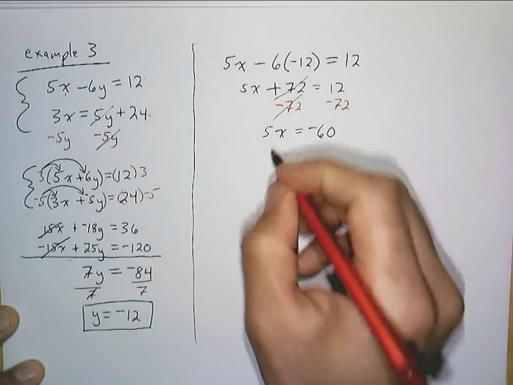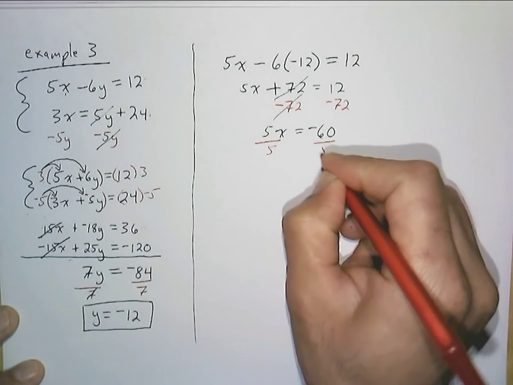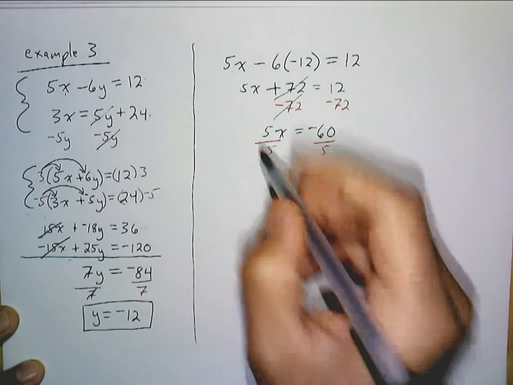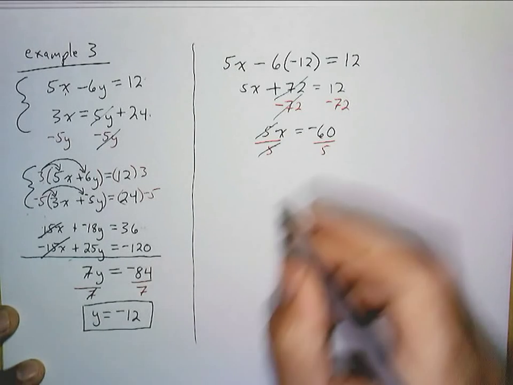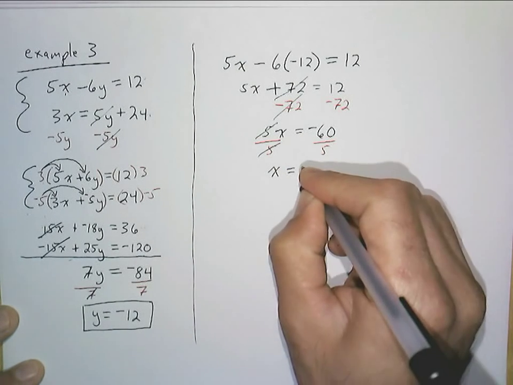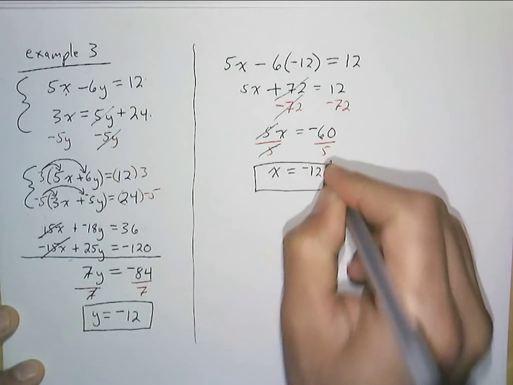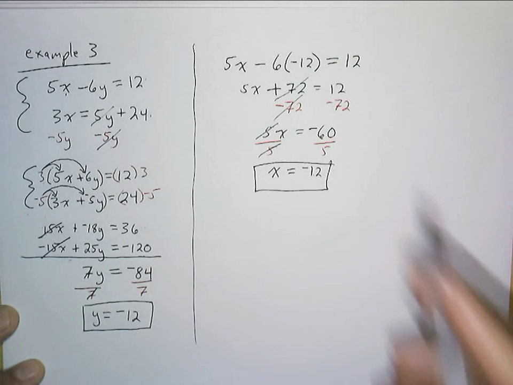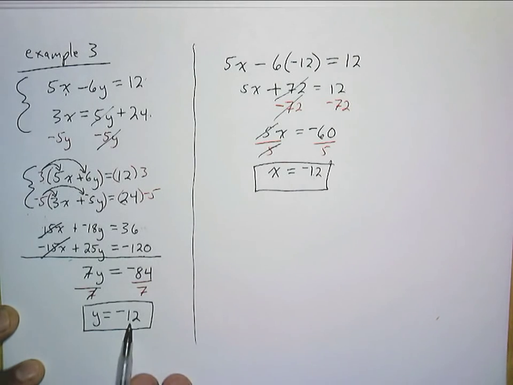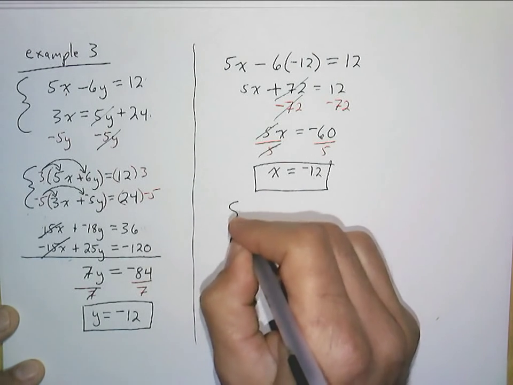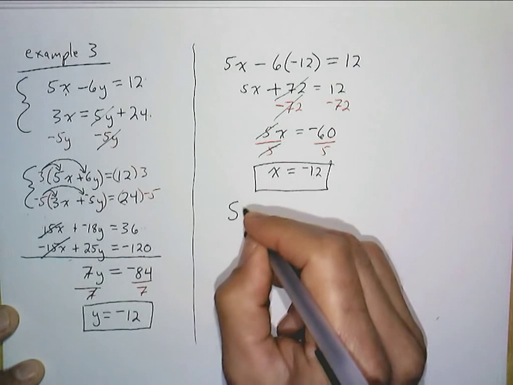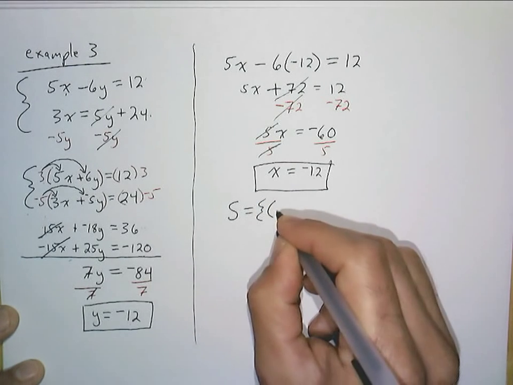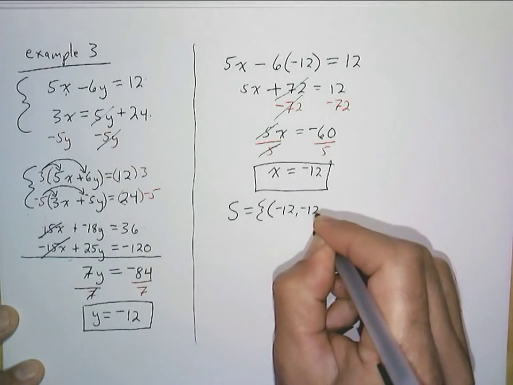Now we divide both sides by 5, so that those will go away. And now we have x is equal to negative 12. So this is the x-coordinate of our point of intersection, and here's the y-coordinate of the point of intersection. So the solution set to the system is the set containing the point negative 12, negative 12.